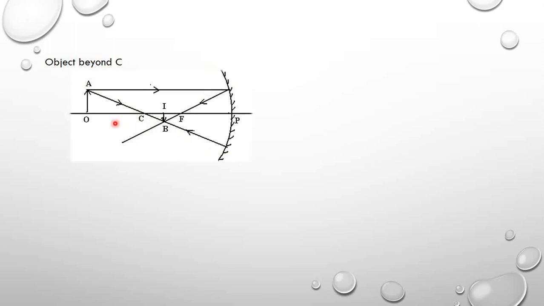Where the two rays meet, you can see they are meeting at that point, and that's where the image is going to be formed. So in that case, the image is going to be between C and F, and you can see that it is real, it is inverted, and also we can see clearly that it is diminished.